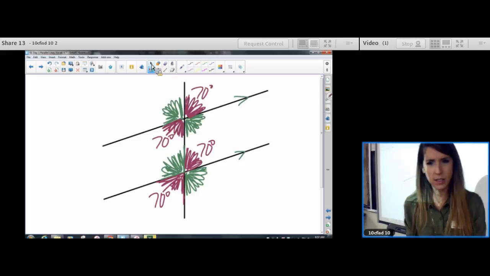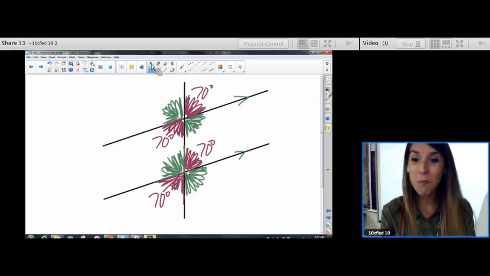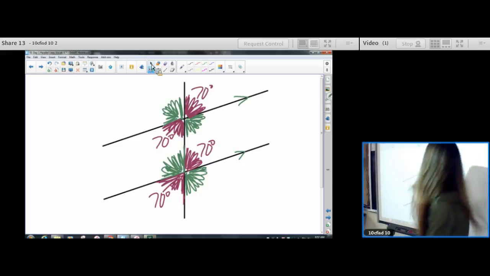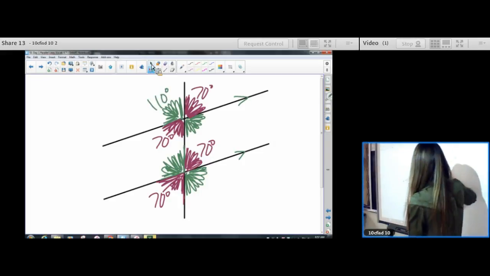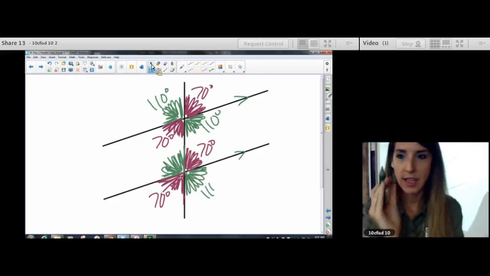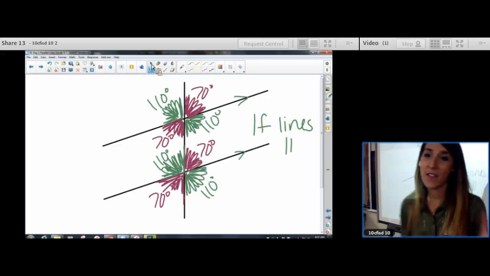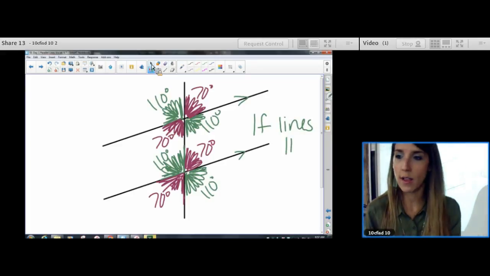Do we know the green ones? 110, 180 minus 70, linear pair theorem. Cool. So if and only if your lines are parallel, then if you know one angle, you know all 8 angles. And we're going to study that more tomorrow.